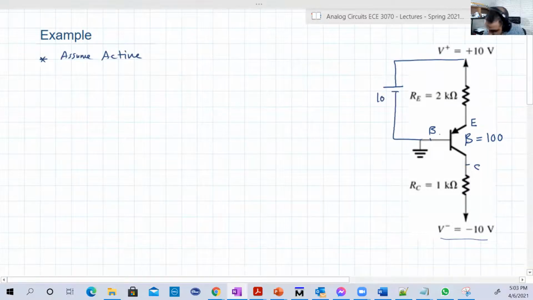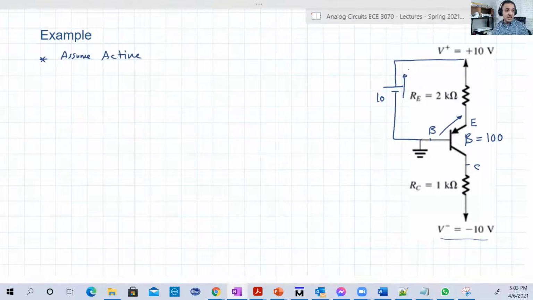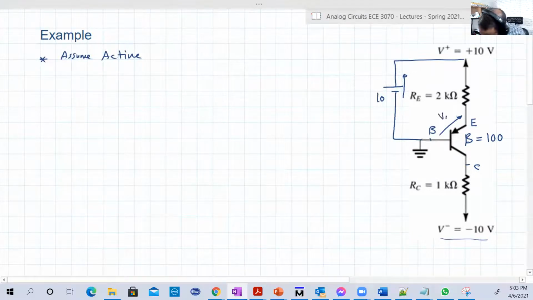Where is VEB? It is in that direction, opposite to the battery. So yes, there is a source in that loop that can give the 0.7 V, because it's basically greater than 0.7. This is VEB here. So we're going to assume that VEB is 0.7 volt.